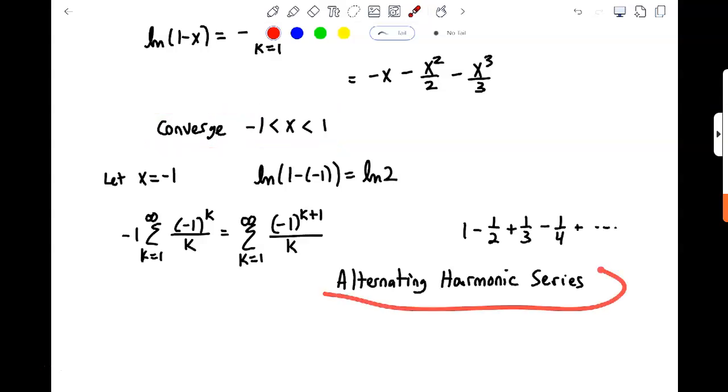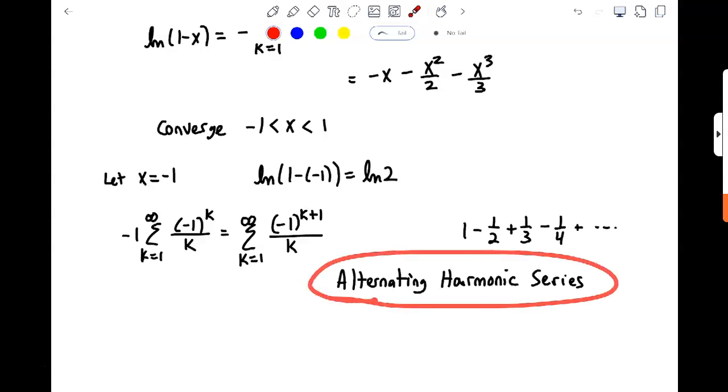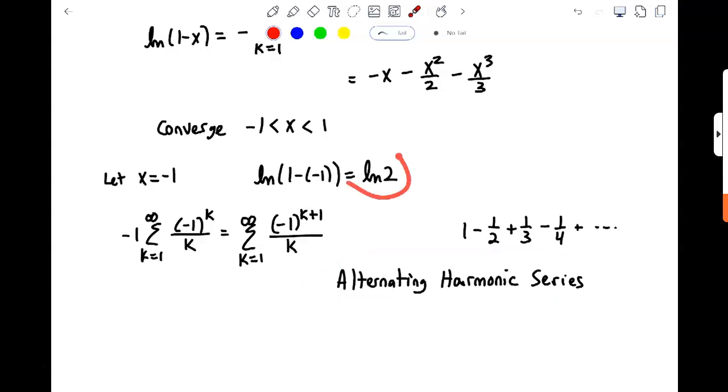It turns out in this case, the alternating harmonic series actually does converge to ln of 2, but we're not able to actually state that yet. We know it converges, so we suspect that it would converge to ln of 2.